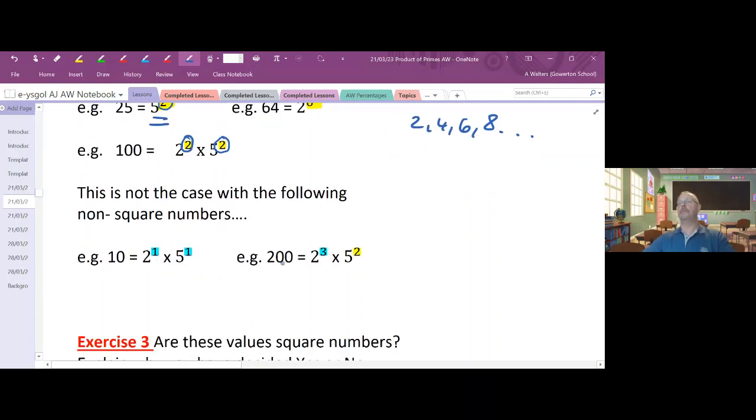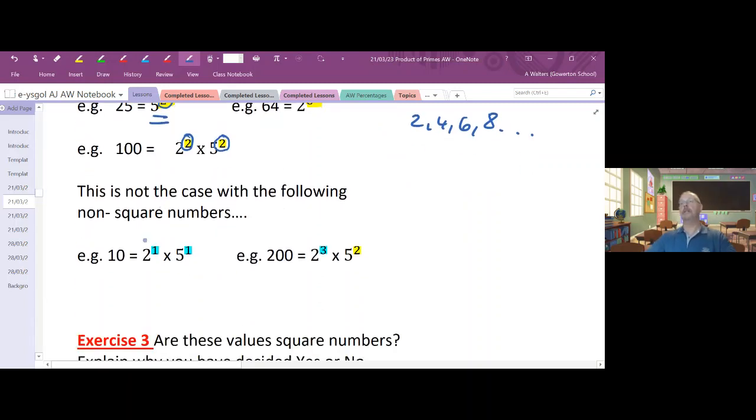So if I show you what might be an exam question, 2 to the power 1 times 5 to the power 1, you're just simply asked, is it a square number, yes or no? And I would say with this question, it's no. It's not a squared number because these index values are not even.